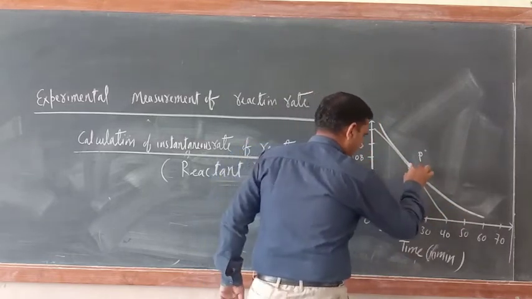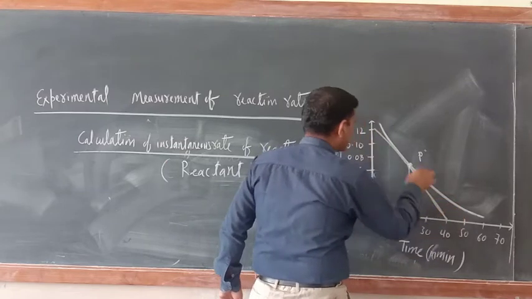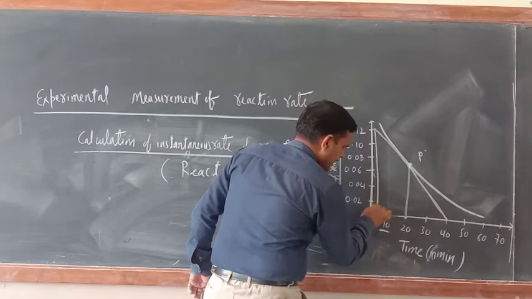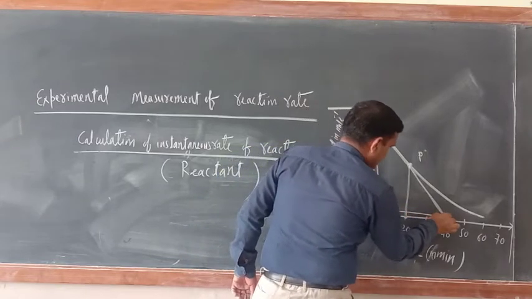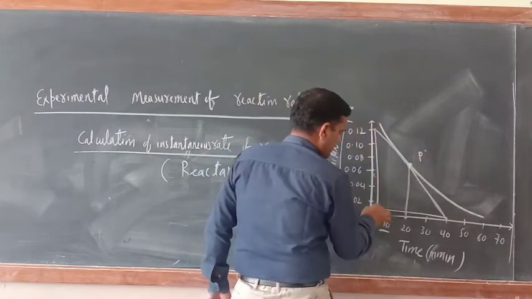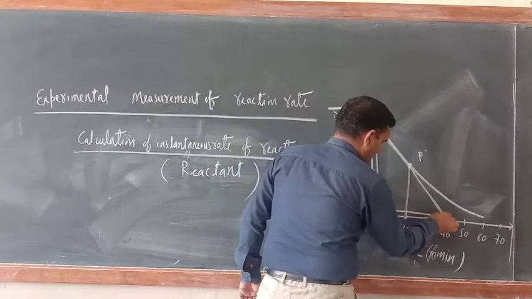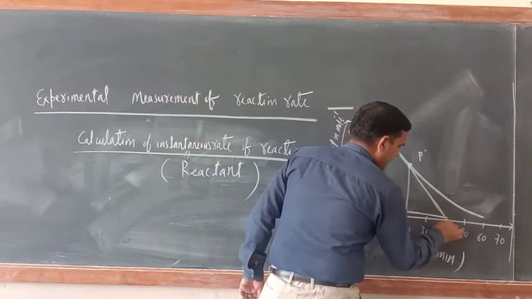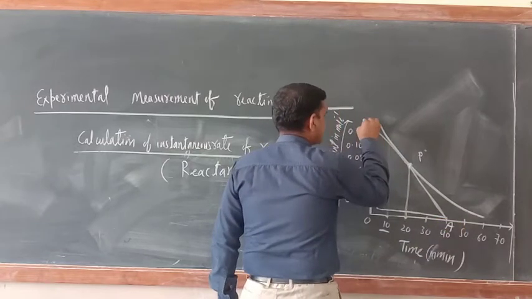Now we have already extended this line on this side also and this side also. Now this and this. So this point corresponds to O. This is A and this is B.